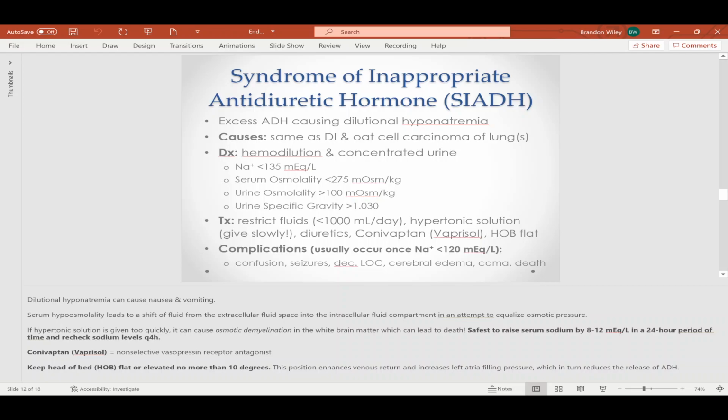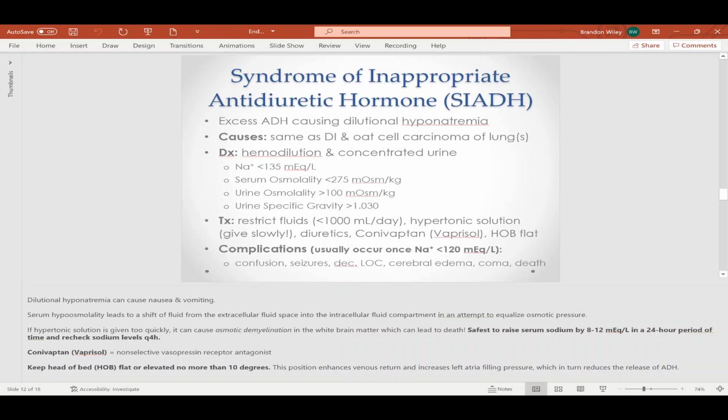So complications of a low sodium: seizures, yeah, what else? Yeah, decreased LOC, cerebral edema, coma, death. If you have too low of a sodium, patients can become comatose and die. So you have to treat it.